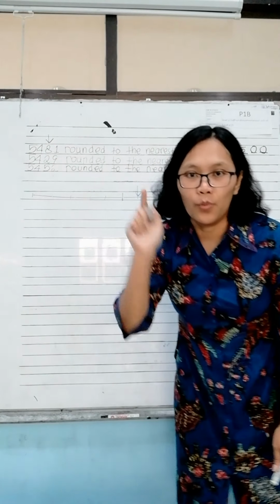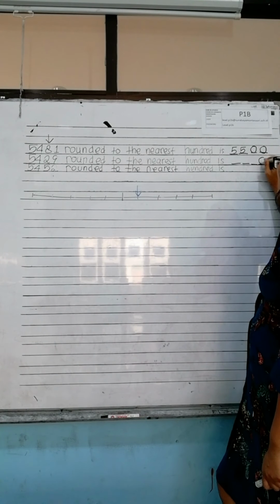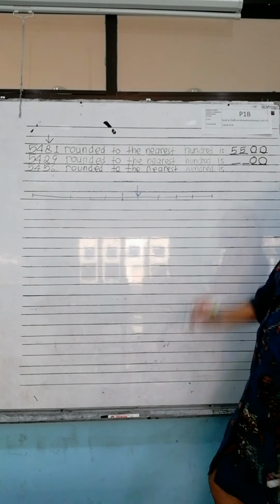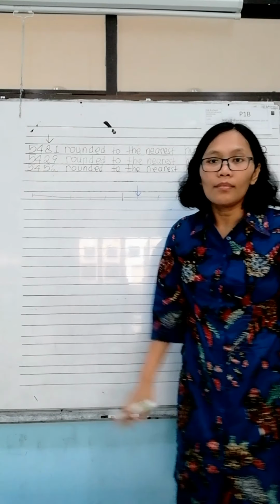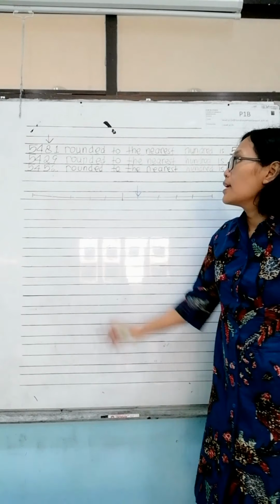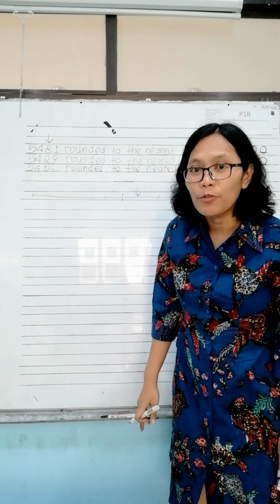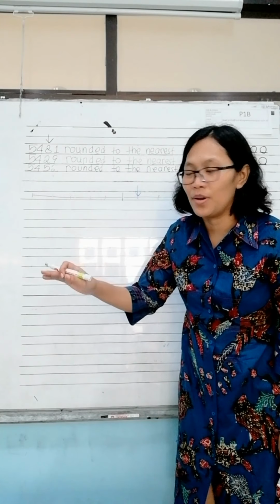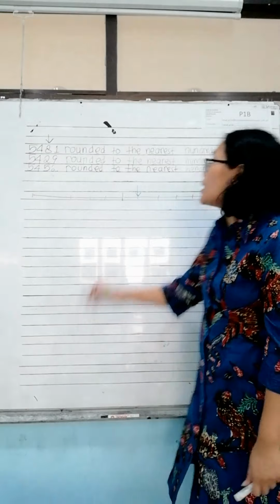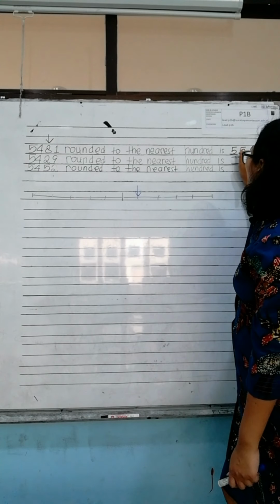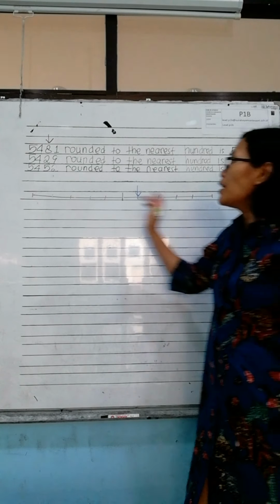Next, I have 5,429. The ones and the tens are 0. It is a 4-digit number. How about the 100? When the tens digit is less than 5, you have to round it down. See, it's 2, which is less than 5. So it means the answer is 5,400. Can we use the number line? Of course we can.